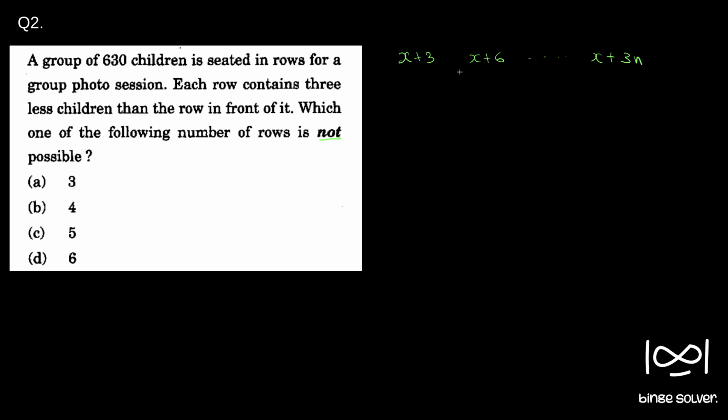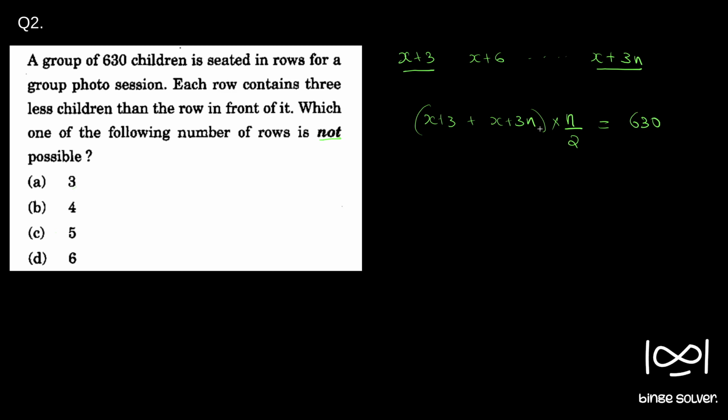So if you take the sum, the equation is a simple formula: first number plus the last number, which is x plus 3 plus x plus 3n, into total numbers n rows, divided by 2. This is the sum equation. This has to be 630.